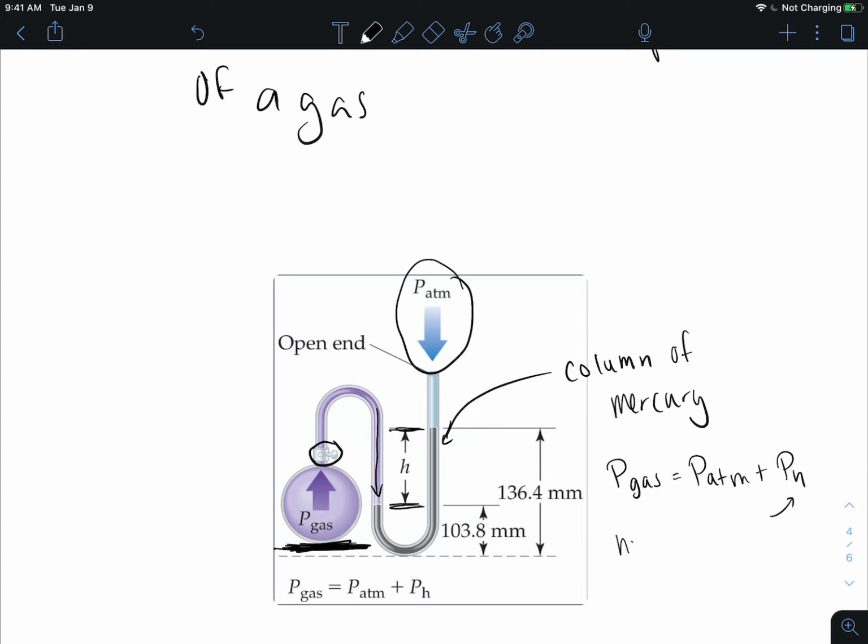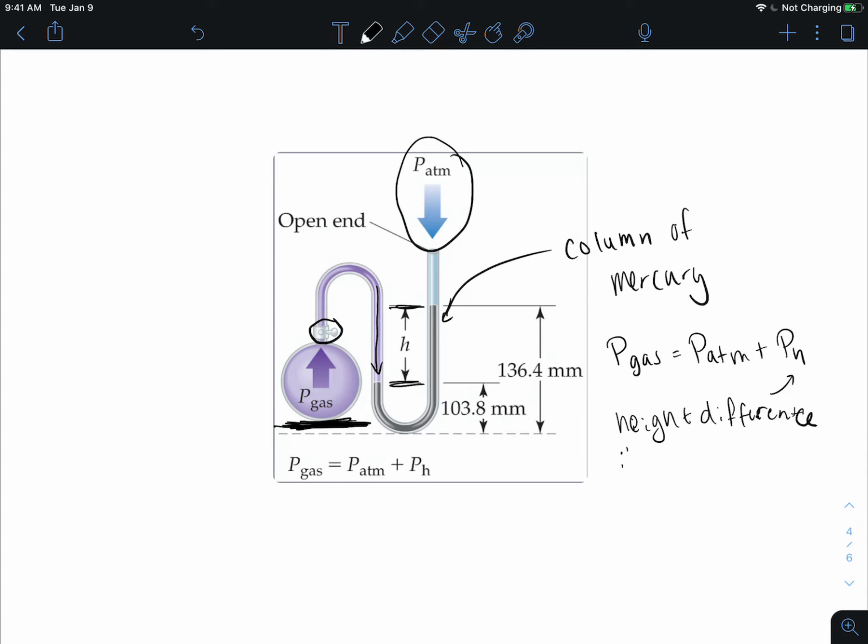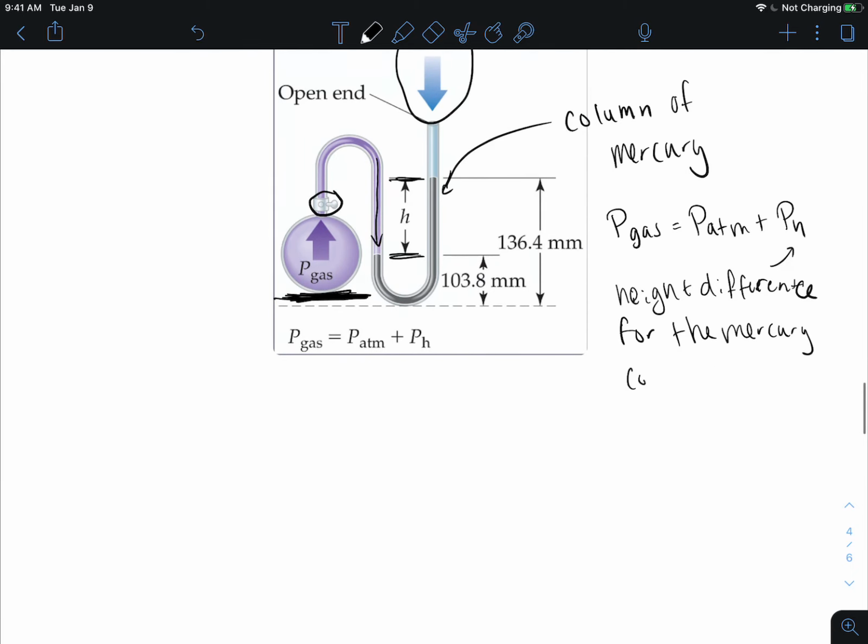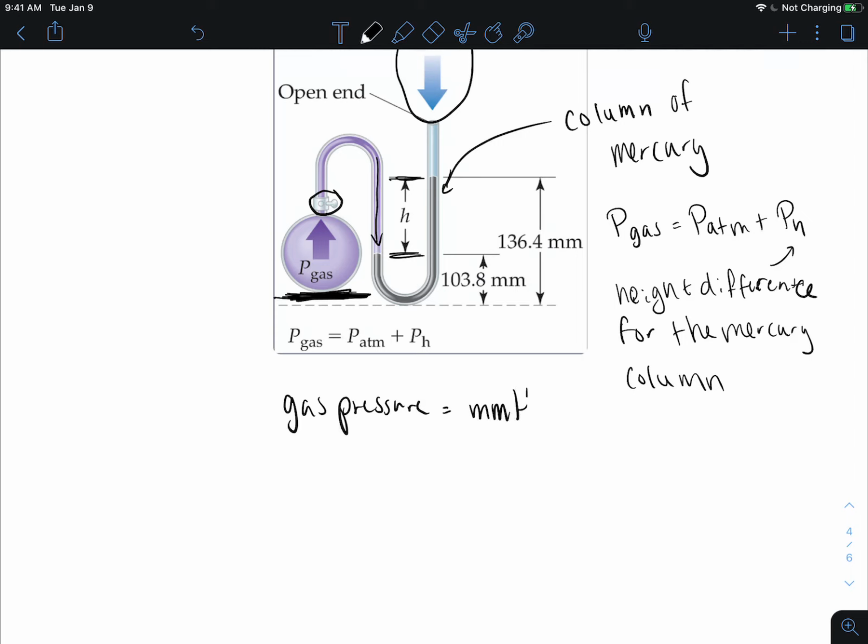So height difference for the mercury column. And that is going to be measured in millimeters. So gas pressure is measured in millimeters of mercury when using a manometer.